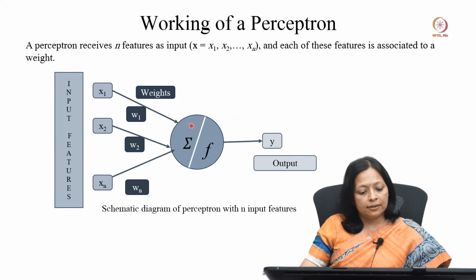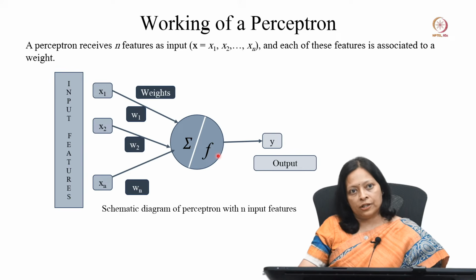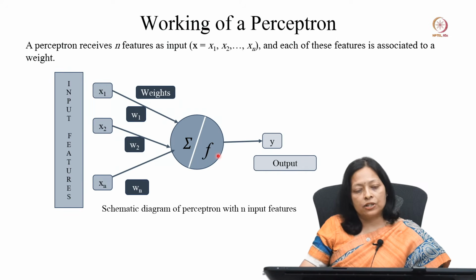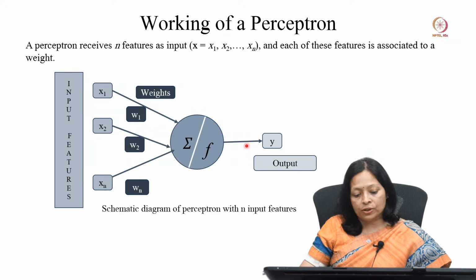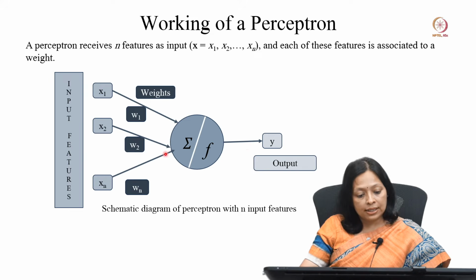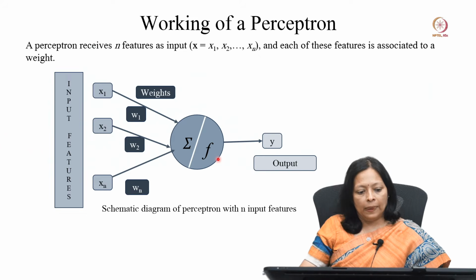It's a linear combination of all the weights into input, and then the output will pass through some mathematical function which we call the activation function, and then the result from the activation function goes as the output. We will have much more clarity on how these calculations happen in a multi-layer perceptron when we go to the next slide.